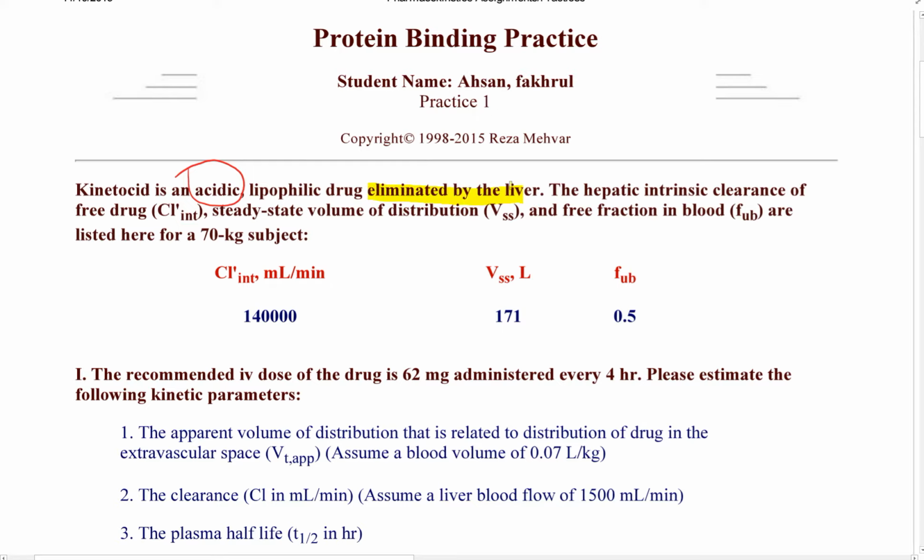We have its intrinsic clearance of free drug, the steady state volume of distribution, and the free fraction in blood, FUB, in a 7 kg patient. It also gives some information: IV dose, 62 milligram administered every 4 hours.